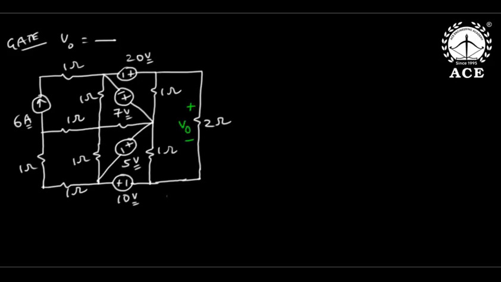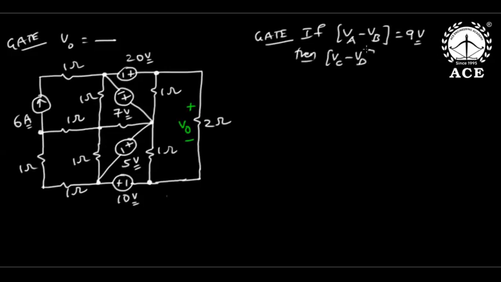What is V naught? And this is GATE again. If VA minus VB is 9 volts, then VC minus VD is how many volts?